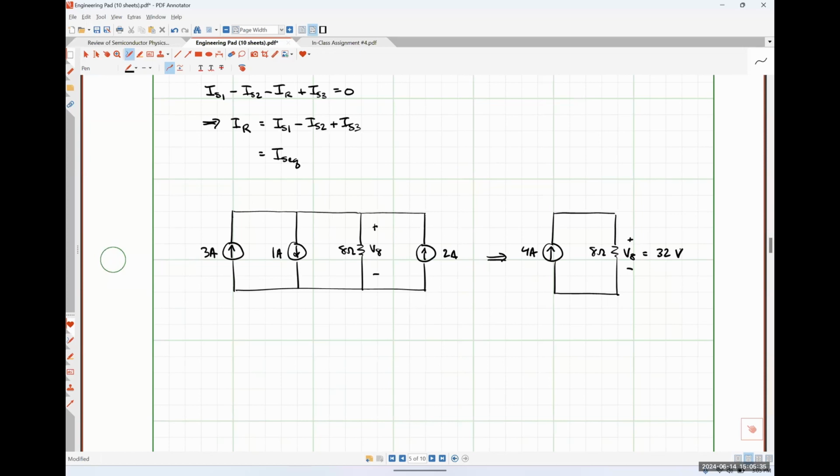Also, problem 5 would be a very good application of combining current sources in parallel to make the circuit significantly easier to analyze. Okay, so now let's look at current sources in series.